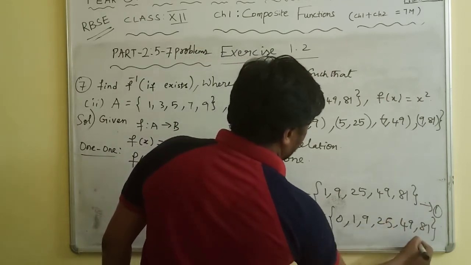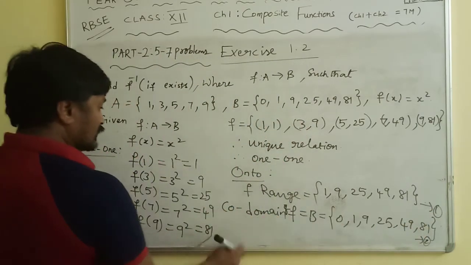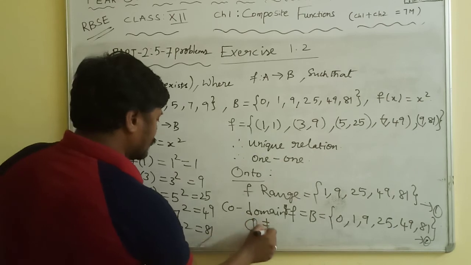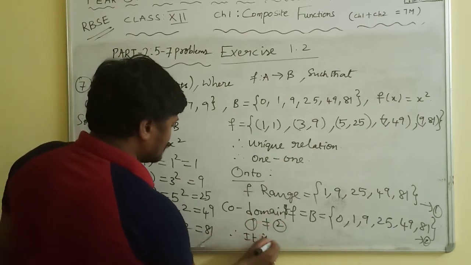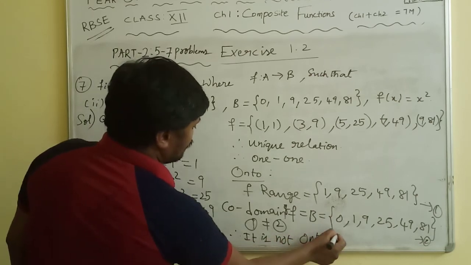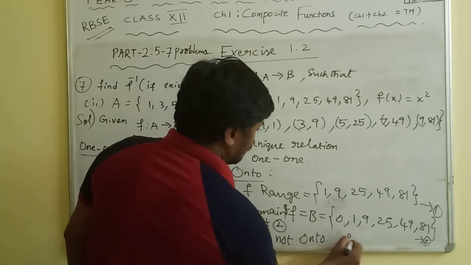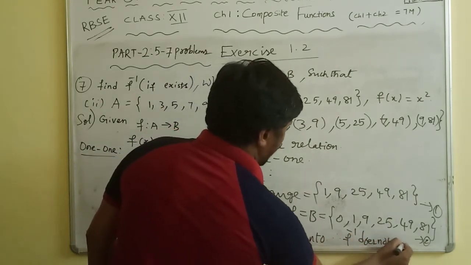You find here that 1 and 2 are not equal because here 0 is extra. So 1 is not equal to 2. Therefore, it is not onto. Therefore, f inverse does not exist.